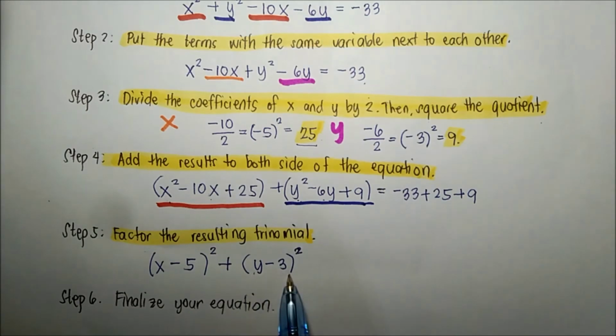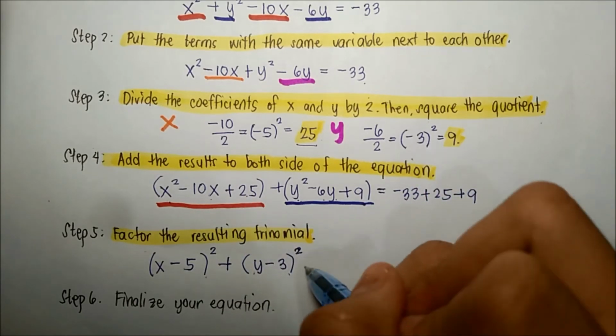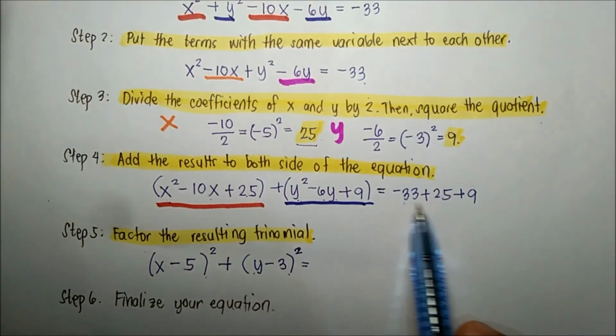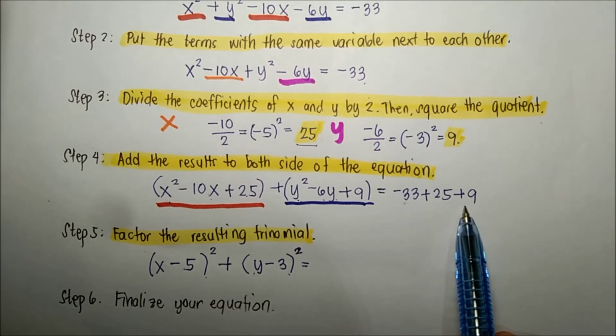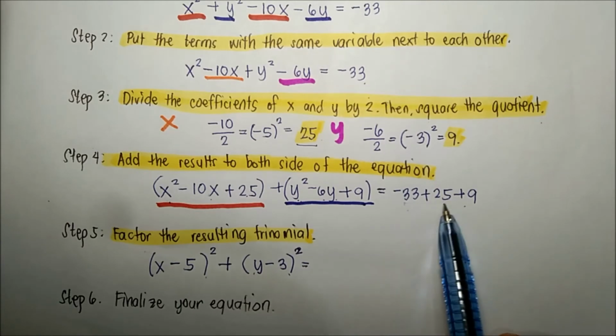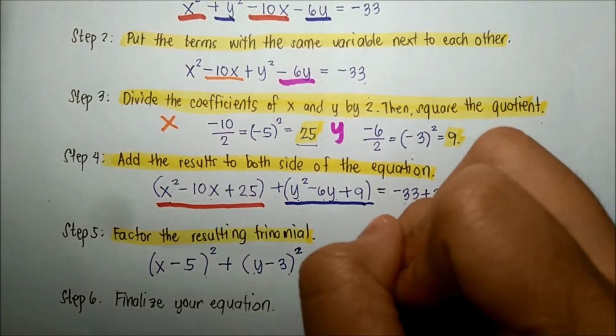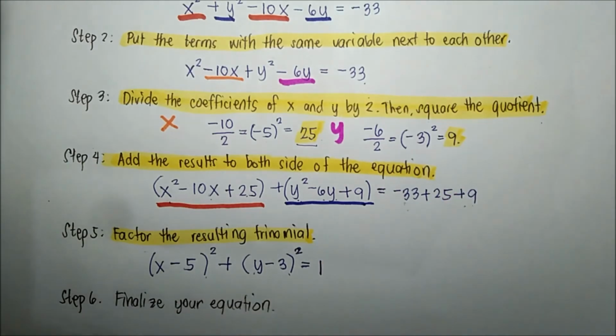If you expand this one, it will become this one. And if you expand this one, it will become this one. On the right side, they're all constant terms, so we will just add them. Negative 33 plus 25 is equal to negative 8. And we'll add 9, then the sum is equal to 1.